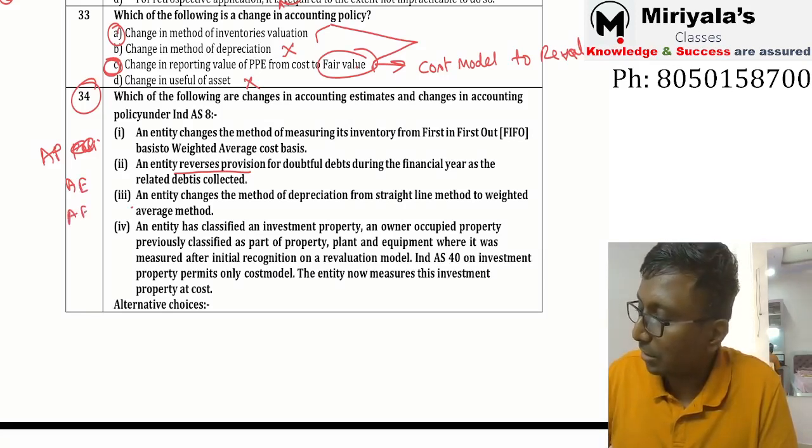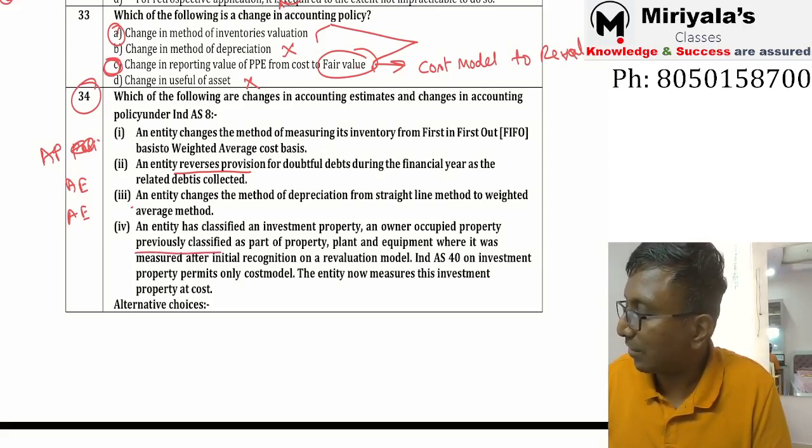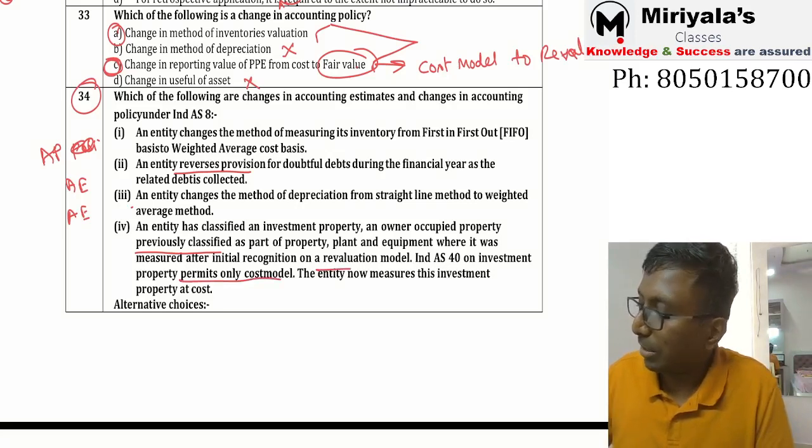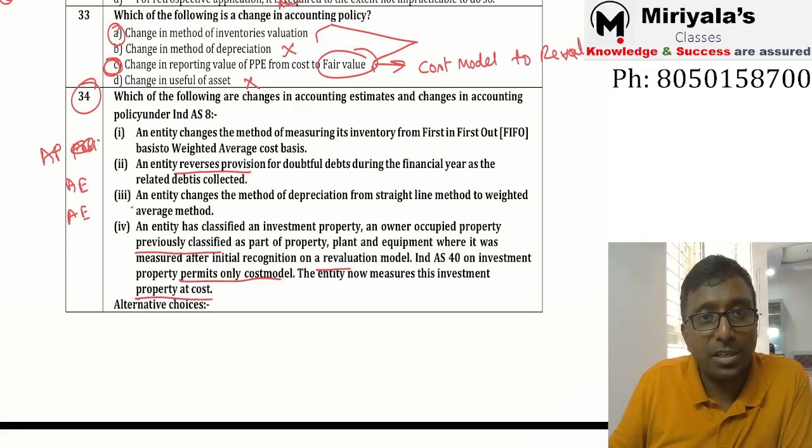Accounting estimate. Yes, correct. An entity has classified an investment property, a previously owner-occupied property classified as part of property and equipment, which was measured after initial recognition using the revaluation model. In Ind AS 40, an investment property permits only the cost model. The entity now remeasures this. Tell me, is it an accounting policy change?